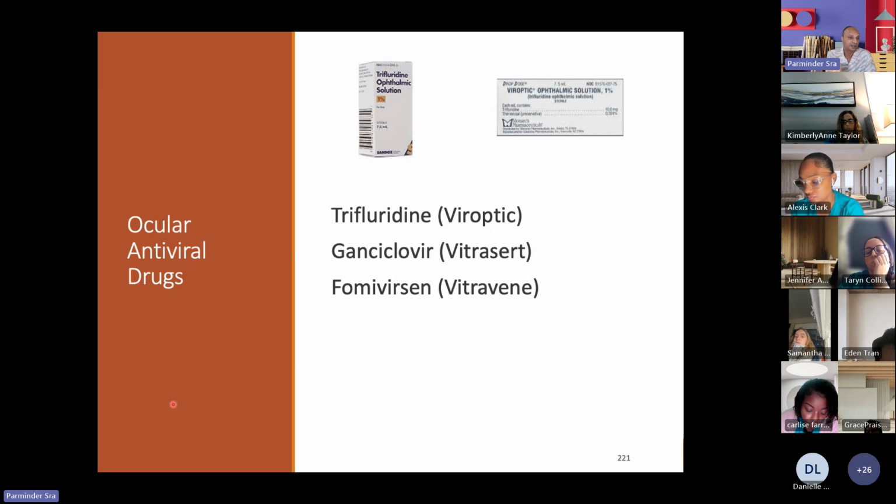Then here, antivirals for viral eye infections, such as trifluridine, ganciclovir, acyclovir, for different types of infection. Could be because of herpes simplex virus causing an eye infection called herpetic keratitis. Then valacyclovir, Valtrex, ganciclovir for herpes simplex virus, trifluridine for herpetic keratitis, once again caused by herpes simplex virus.